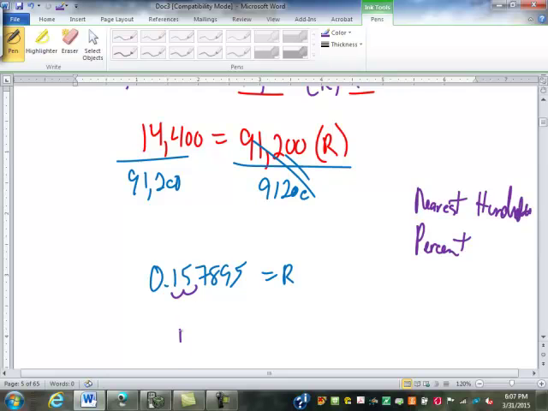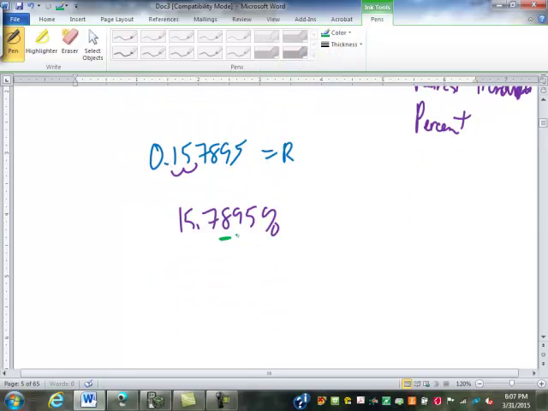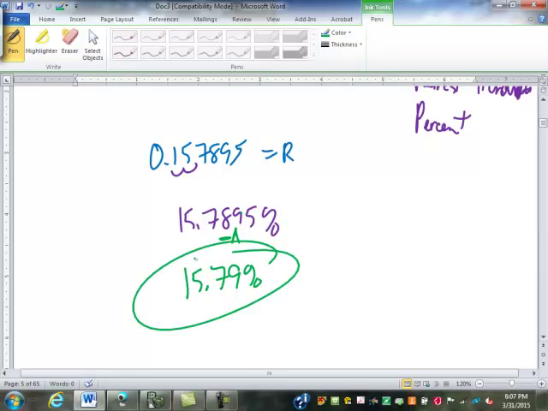So first we change this to a percent, 15.7895. The 100th digit is what digit here? The 8. After the 8, we see a 9, which tells us to round up. So 12% turns into 15.79% because it's a discount note.